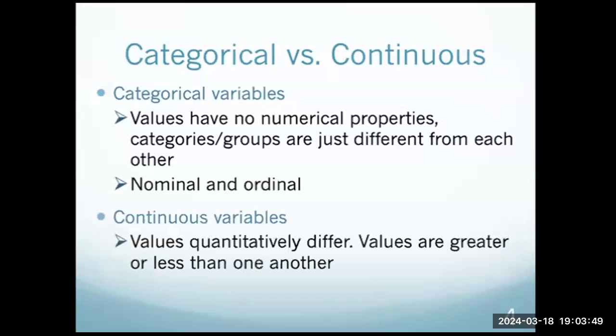Then you have continuous variables, which are the interval and ratio, and those are the ones that have quantitative values. It's really easy to do mathematical calculations on those. So nominal and ordinal are considered categorical variables. Interval and ratio are considered continuous or quantitative variables. Any questions about this little recap?